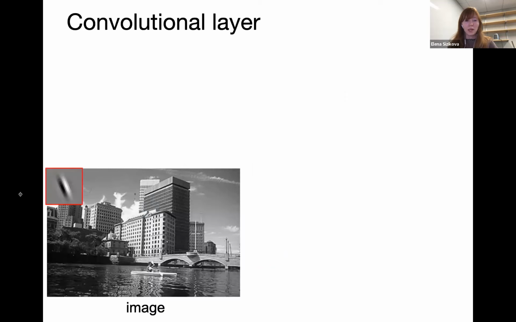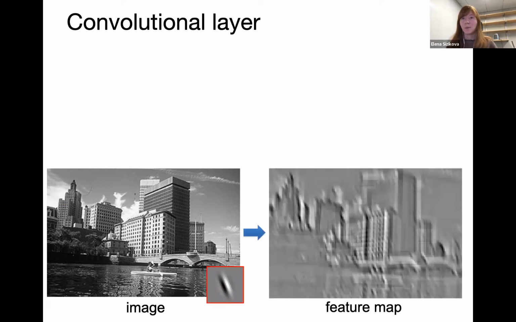In my convolutional layer, here's my image, and here is the visualization of my filters. I'm sliding it multiple times, and I get the resulting feature map.